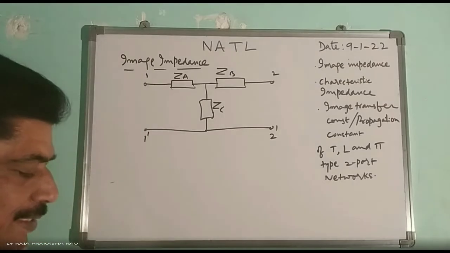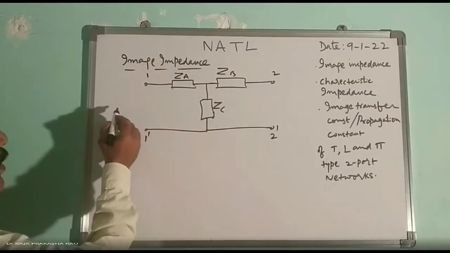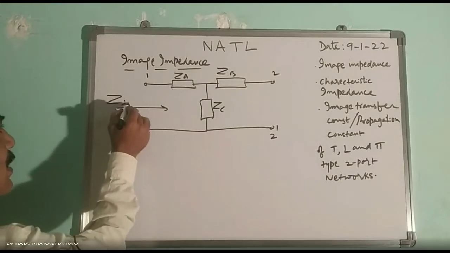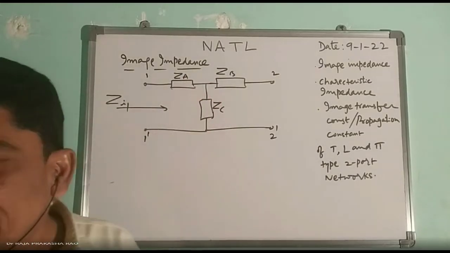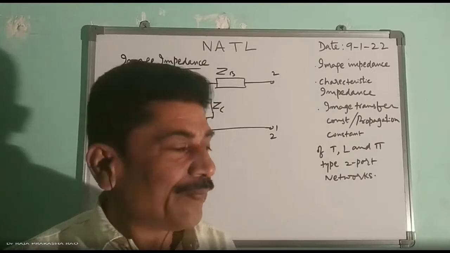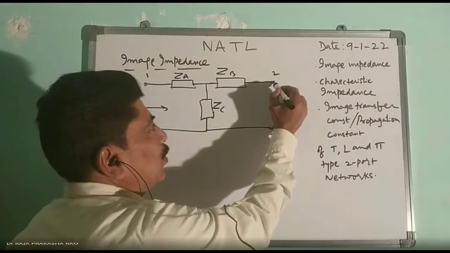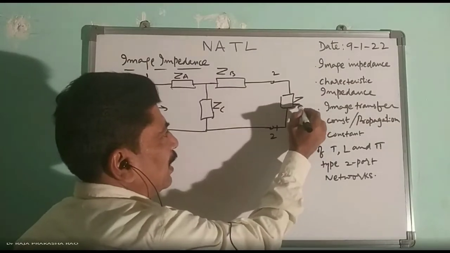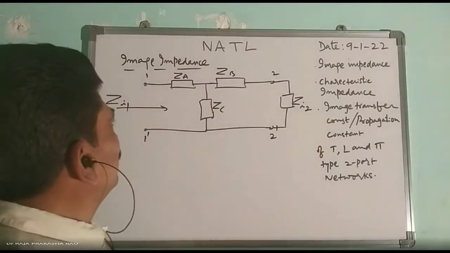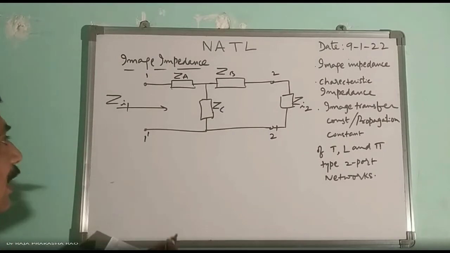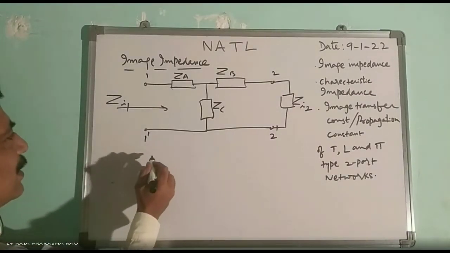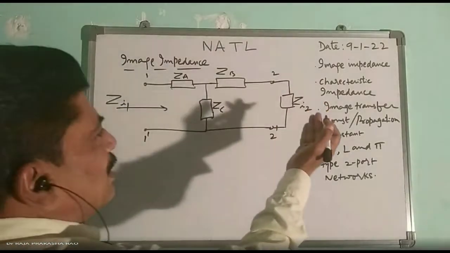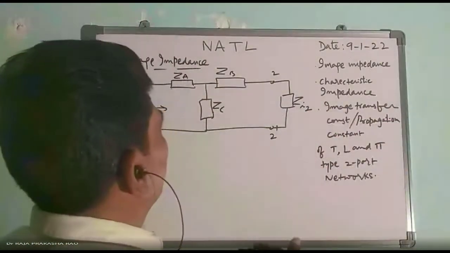For finding the image impedance, ZI1 is the image impedance of this two port network looking at the first port, with ZI2 loaded at the second port. Another image impedance is found by loading ZI1 at the first port and finding ZI2 from the second port.